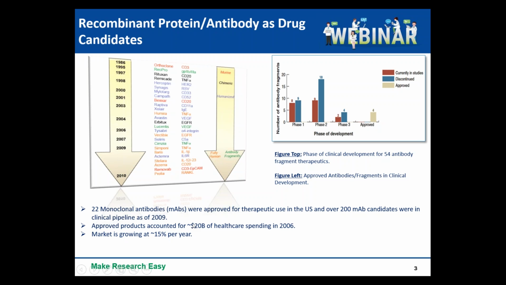So approved products accounted for about 20 billion of healthcare spending more than a decade ago, and it's only been growing since. And the market has been growing at 15% per year now, even more. So there is a lot of emphasis on recombinant protein, recombinant antibody molecules, in general biologics as drug candidates.